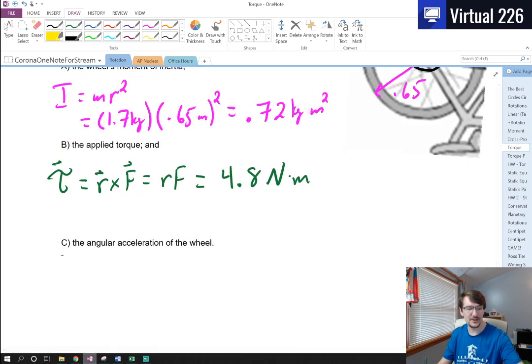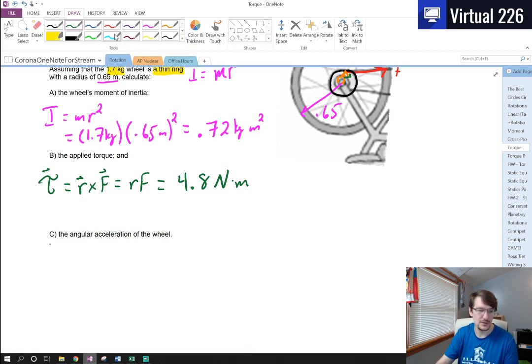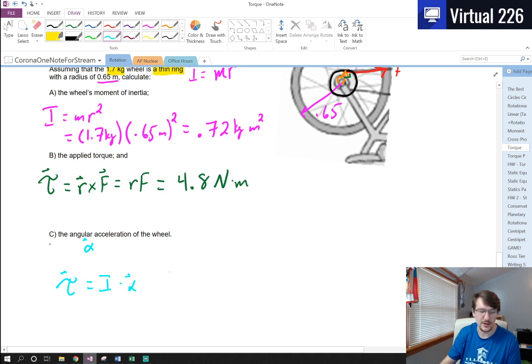To find the angular acceleration of the wheel, we're looking for an alpha. And what we can do is we can say if torque equals the moment of inertia times the angular acceleration, well, we know a torque, we know the moment of inertia. Let's just combine this up. We can say 4.8 newton meters equals 0.72 kilograms meters squared times the angular acceleration.